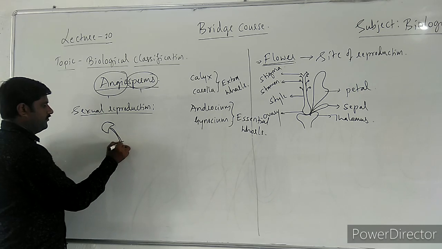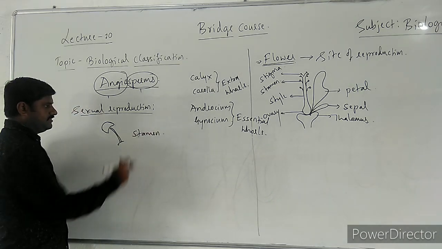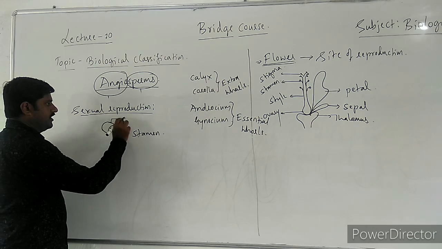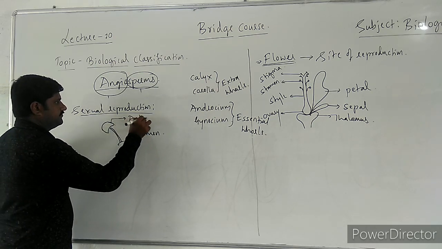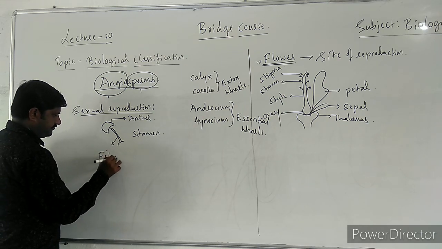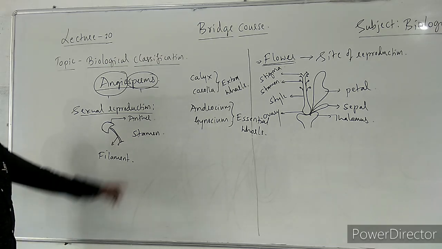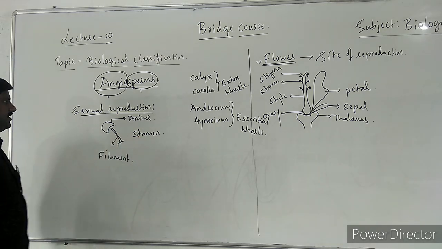This is nothing but one stamen. This stamen has two parts: one is the anther and the second is the filament. Anther and filament are the two structures that we come across inside the stamen.